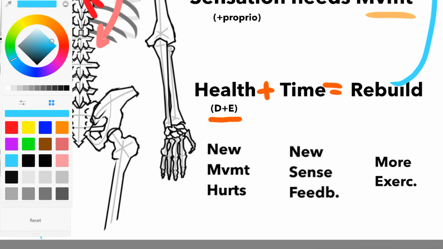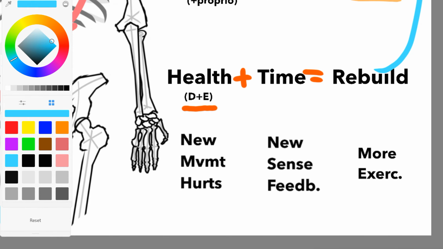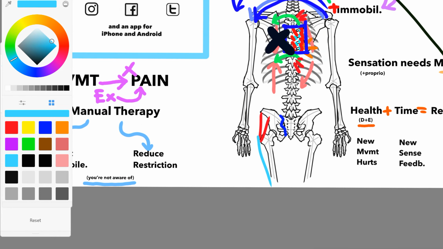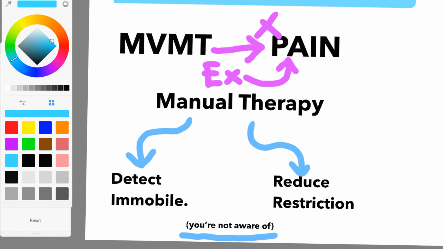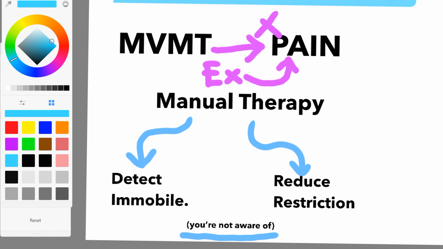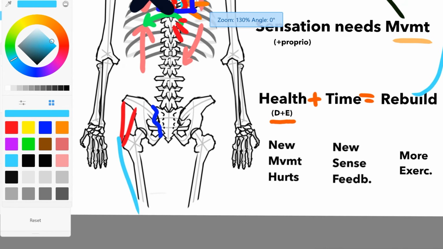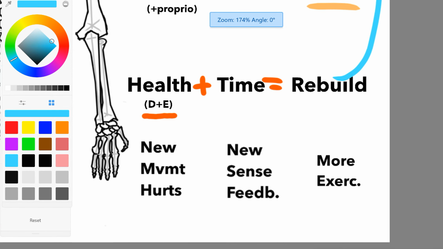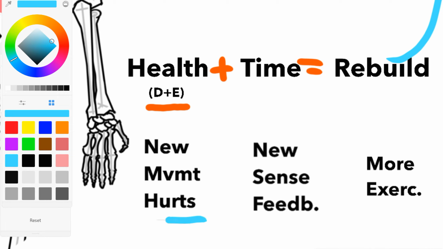Another thing that's really important to understand is as we're going through reintroducing movement, whether that's through exercise, whether that's through manual manipulation, detecting immobility, reducing restrictions, is that it will often hurt the first time around. So new movement hurts, period. That's just the truth, and we do have to deal with that. Too forceful a movement, yes, that will hurt.